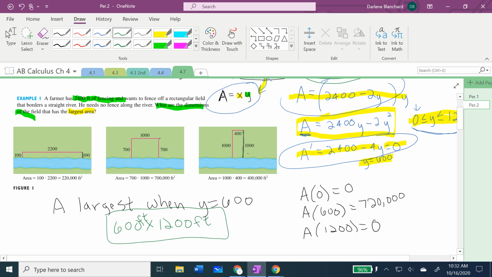If you go in a medium area for y, you're going to get closer to optimized. They're just trying to show you the idea of why you're taking the derivative and just what's going on.